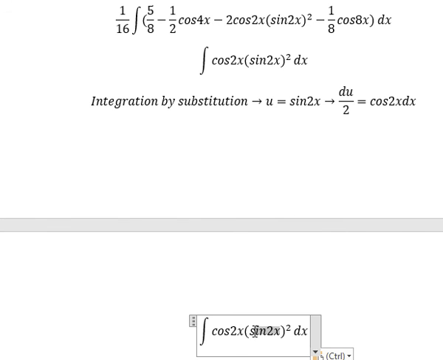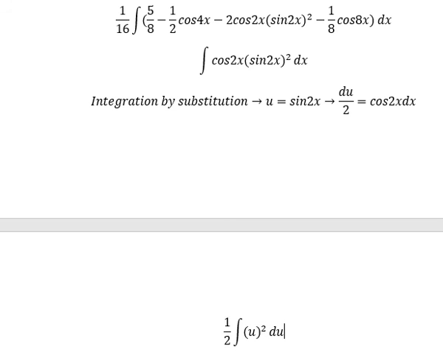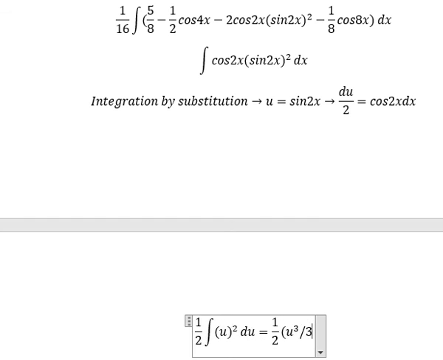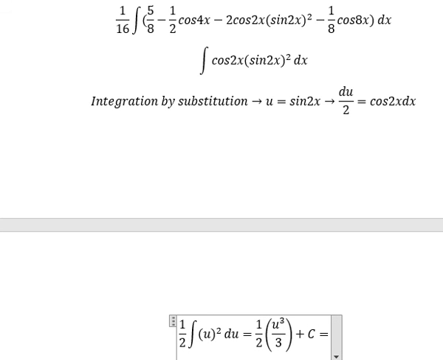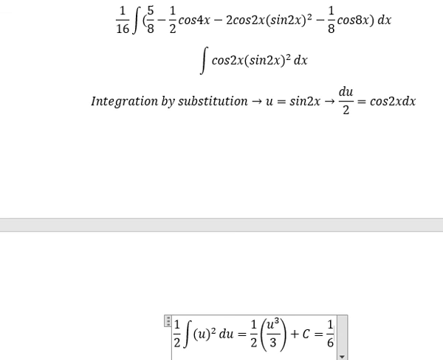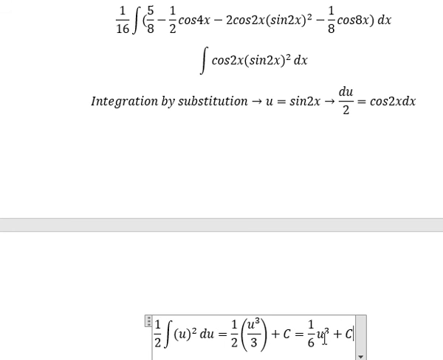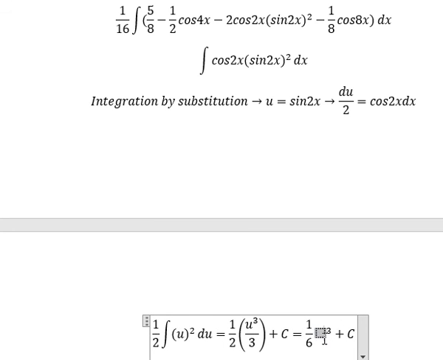So sine 2s we change for u, and cosine 2s ds we change for du over 2. And the integration of u squared, we have u to the power of 3 over 3. So 3 and 2, we have 1 over 6, and u is sine 2s.